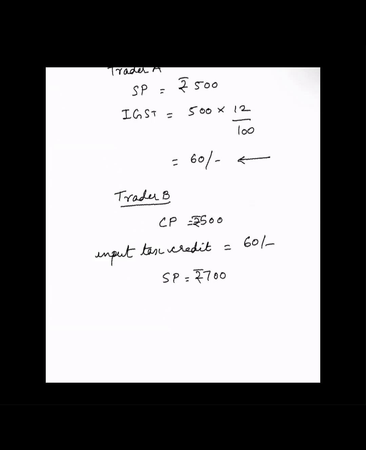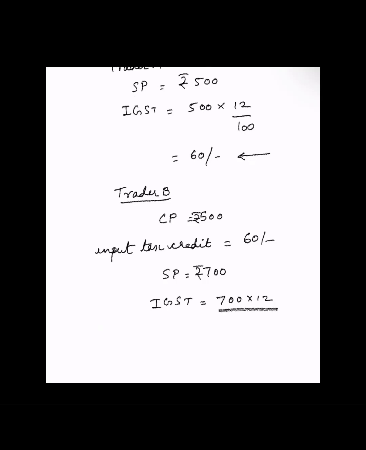So what will be the IGST in this case? 700 into 12 by 100. What is that? I think it is 84, right? It's 84. So 84 rupees will be the IGST for trader B. For trader B, it is going to be 84, the total tax, minus the input tax credit, which is 60, and that is 24 rupees.